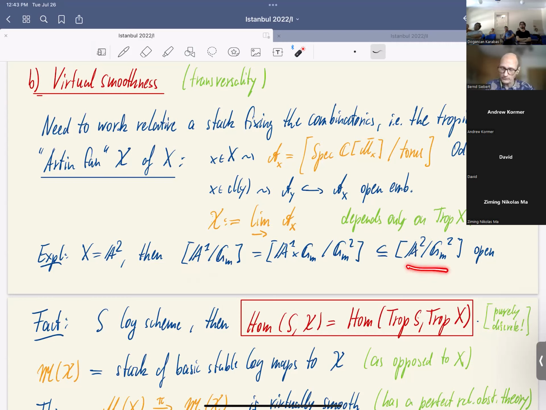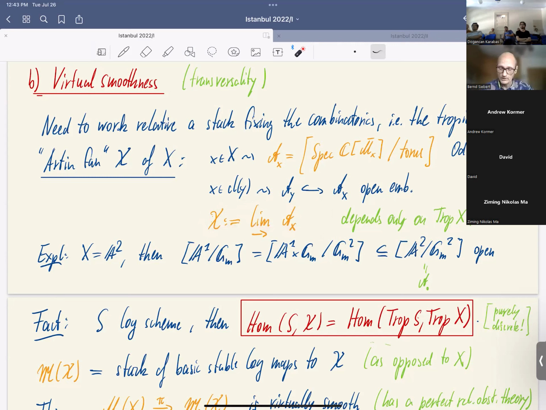And Y is an open substack of A2 mod G_m squared, which is this curly A_0, the origin of A2. You can see this by just adding a trivial factor of G_m to A1, and then you see it's just this A1 cross G_m, which sits open, of course, in A2. So anyway, we get this system of open embeddings, and we take the co-limit.